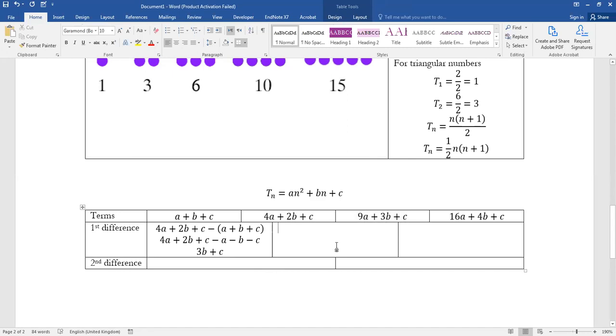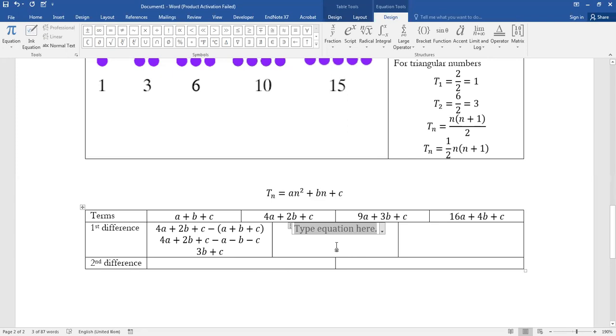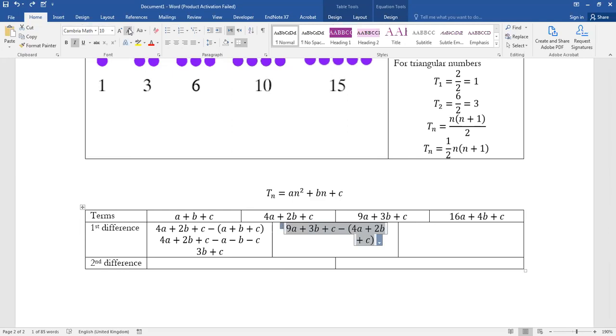Similarly, if I subtract the second term from the third term, 9a plus 3b plus c minus 4a plus 2b plus c, again the c's cancel out.